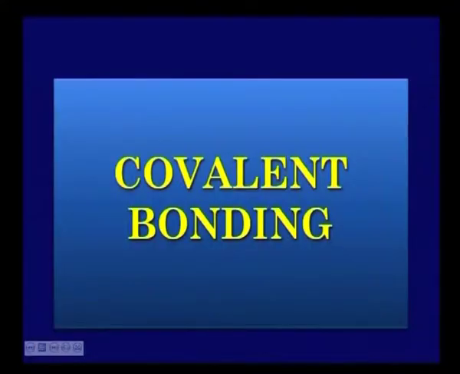What I would like to tell you at this point of time is that covalent bonding is of maximum significance for the students of electronics, electrical engineering and computer science, because most of the devices contain semiconducting materials which are bonded together by covalent bonding.